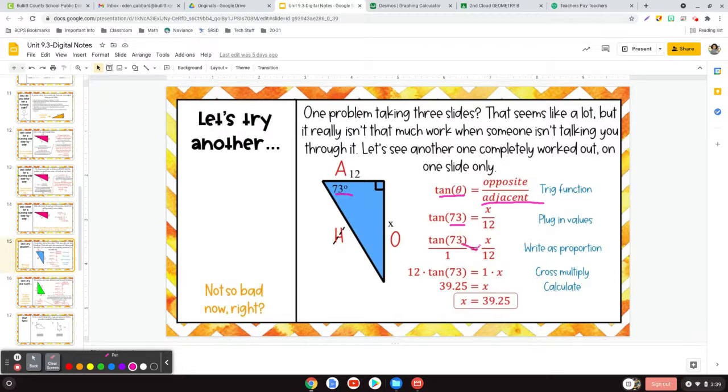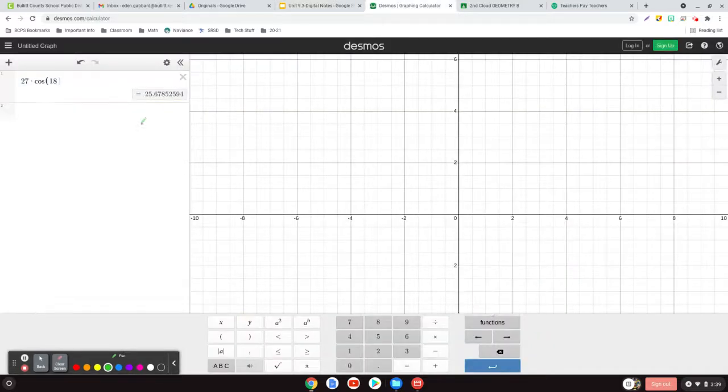So here we get tangent times 12 equals 1 times x. And we get that because we have our tangent times 12 and our 1 and x, and we solve. Well, 1 times x is x, and 12 times tangent, well, we don't know that, so we go and put that in our calculator.